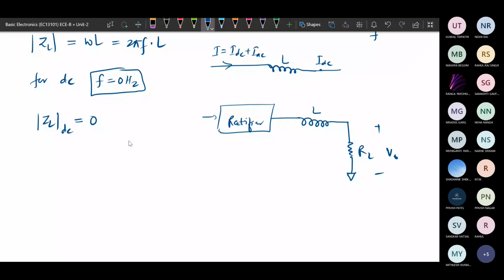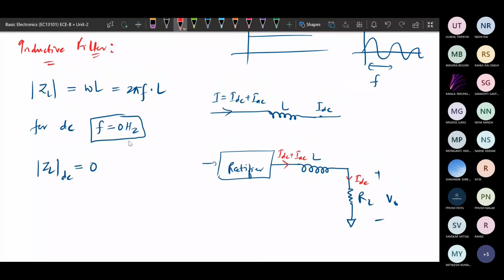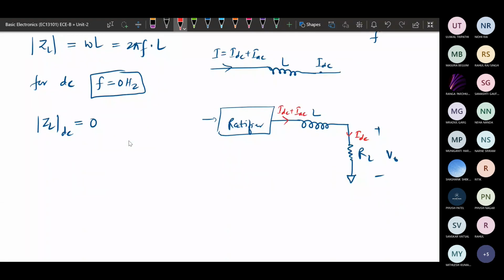If we connect this way, the output will have only the DC component. Here it will be IDC plus IAC, but here it will be only IDC. So in the inductive filter, we connect an inductor in series with the load resistance. This is the simple filter circuit.